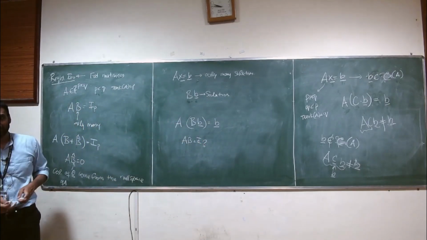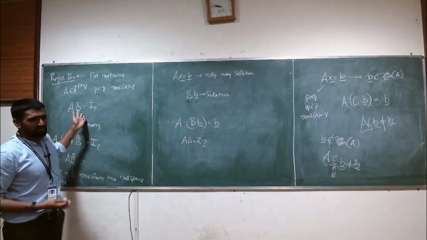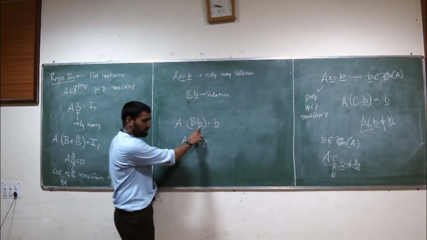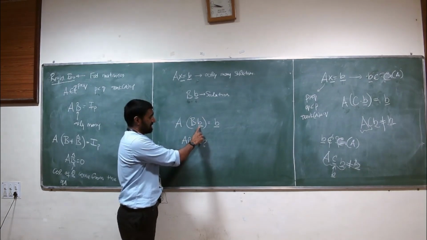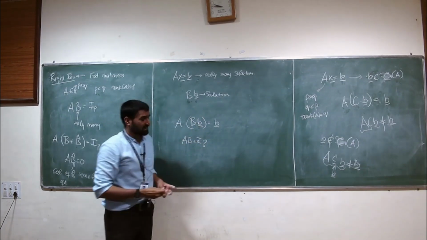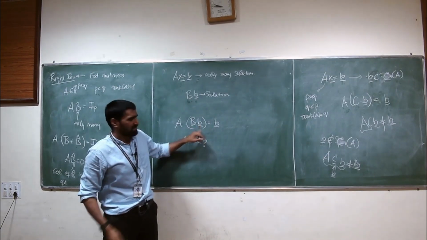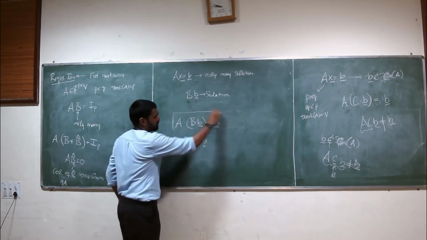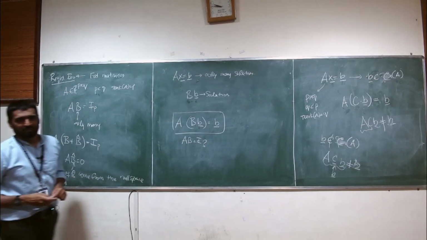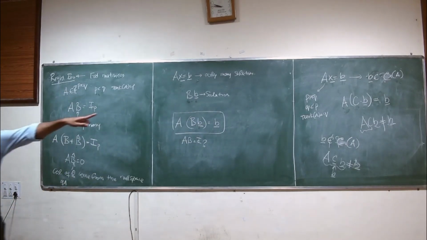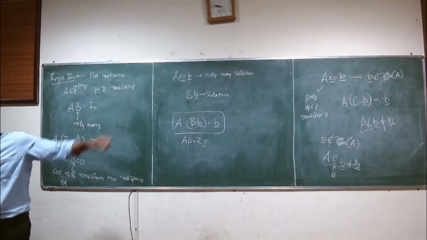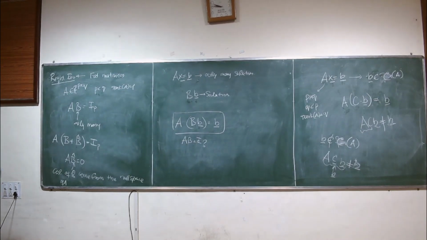In this case, it is, because it's a right inverse. This is always I, so it doesn't matter what B you have. That means this is always true, whereas in the left inverse, you had to have that special condition where B belongs to the column space of A.